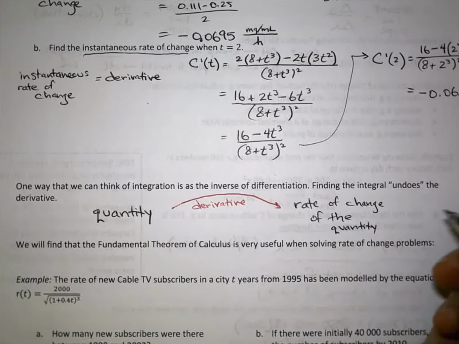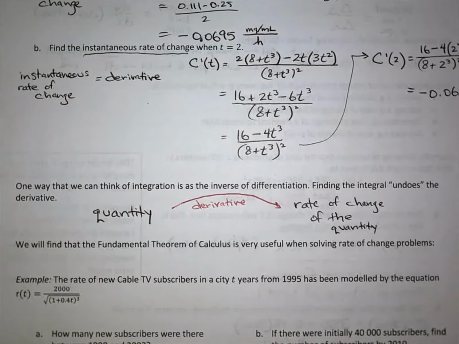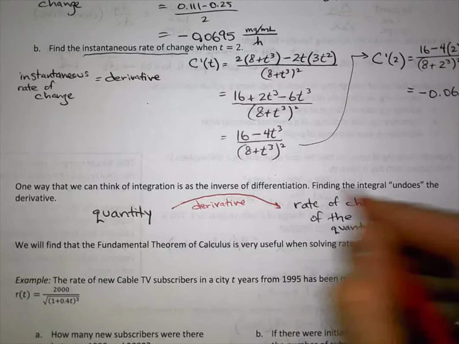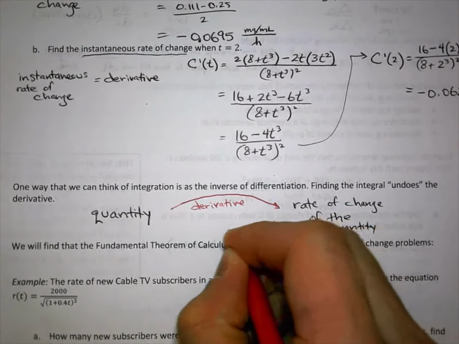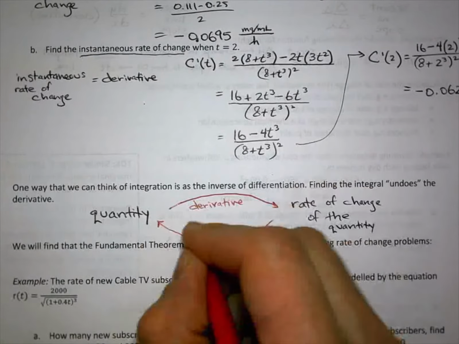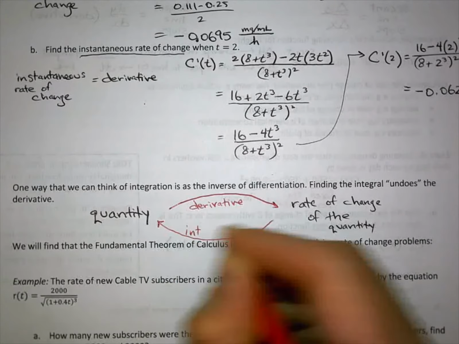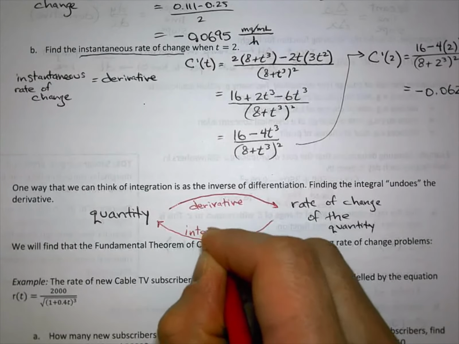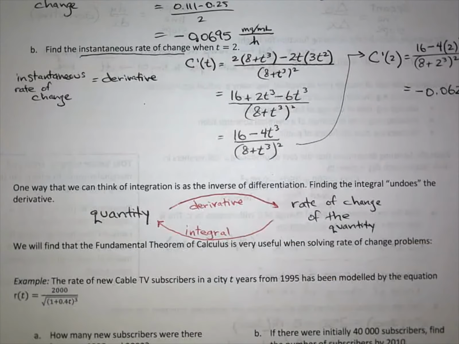Again, it's not a terrible lesson. It's just basically a review of the concept. Well, if you have a rate of change, you can actually go back to the original quantity by finding the integral. So that hopefully is a useful illustration. Hopefully helps you remember this.